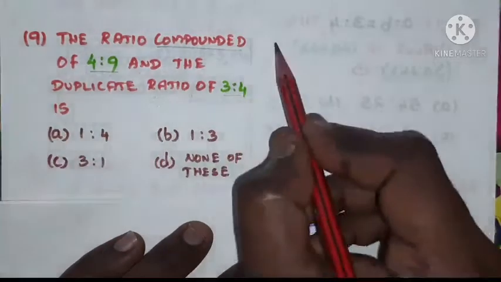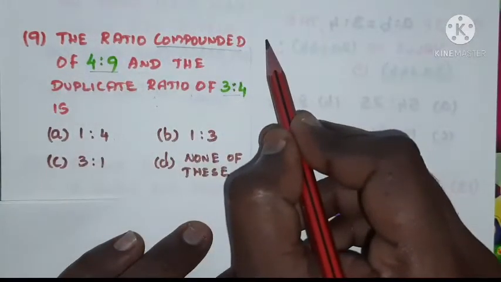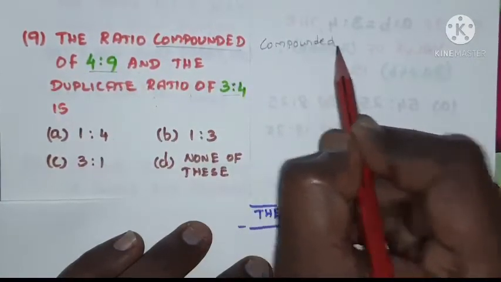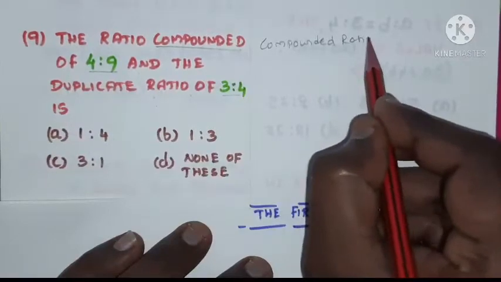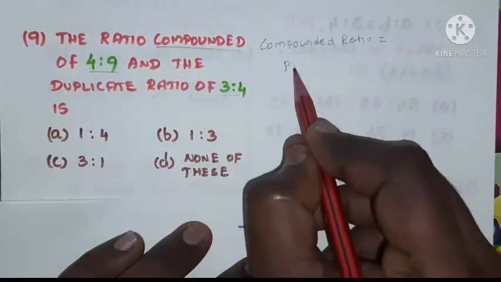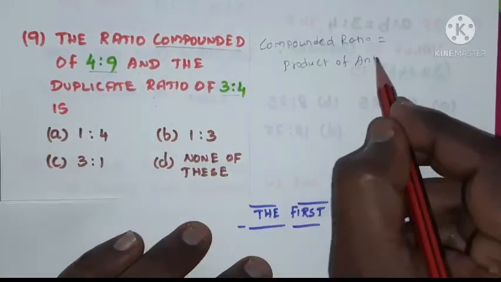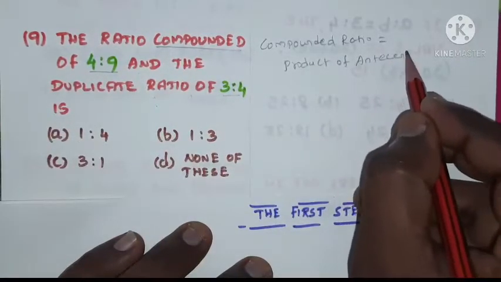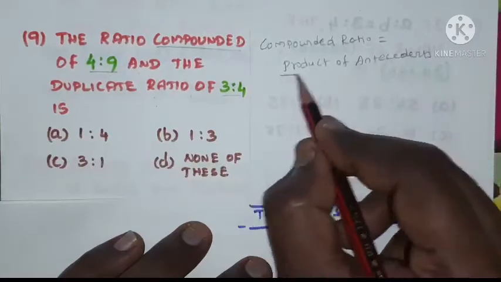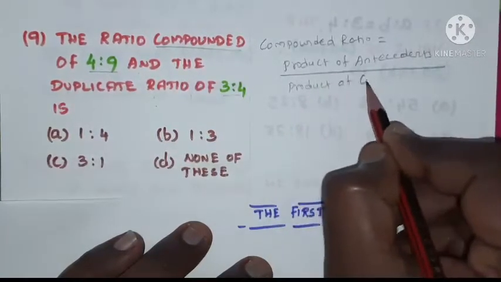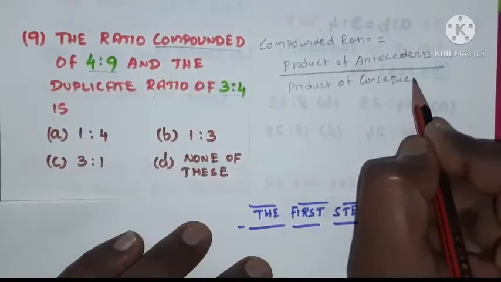So first we should write what is compounded ratio. We know that compounded ratio can be written as product of antecedents divided by product of consequents.